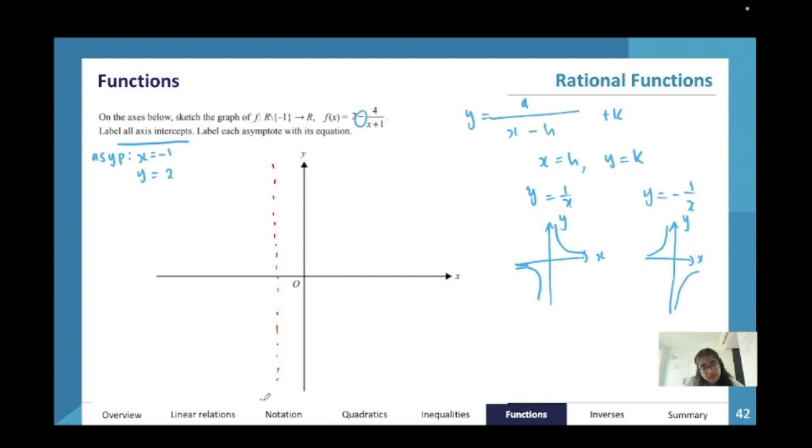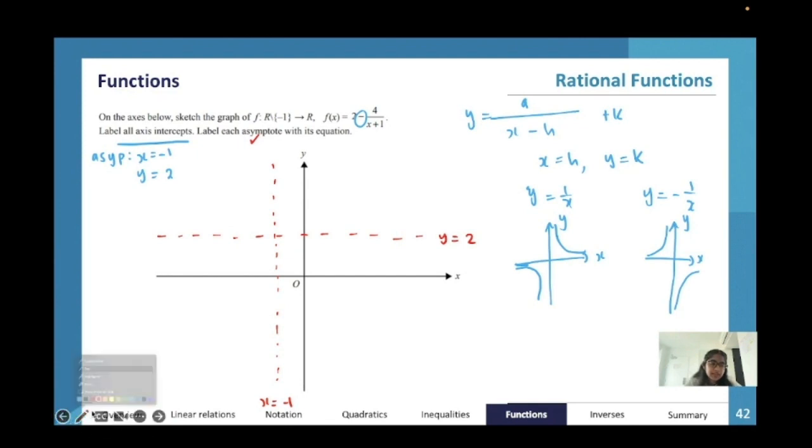Okay, and label them: x equals -1. And then we've got y equals 2, probably something like this. Perfect. So those are our asymptotes.